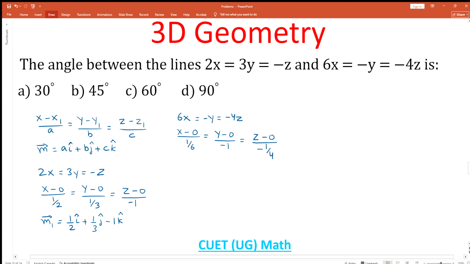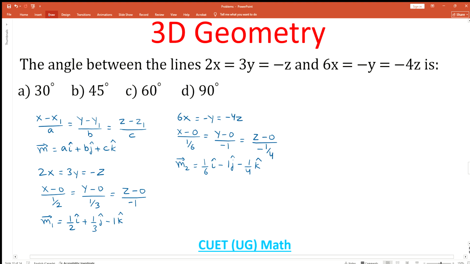This is the second equation in Cartesian or symmetric form. The direction vector for this line is 1 over 6i minus 1j minus 1 over 4k. The second line is parallel to this vector.